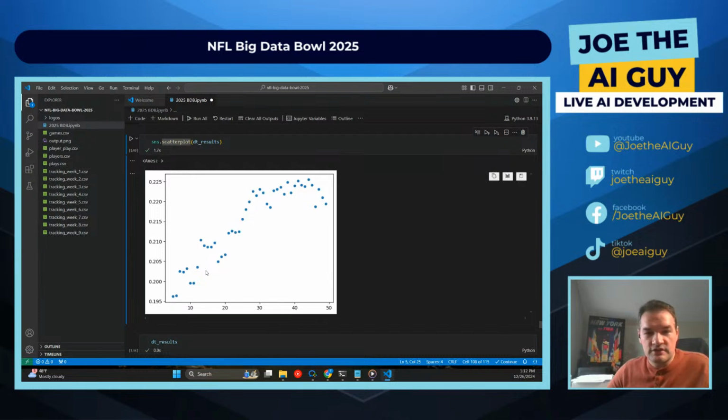So we got better results here, you can see, what is this, about 43 or so.